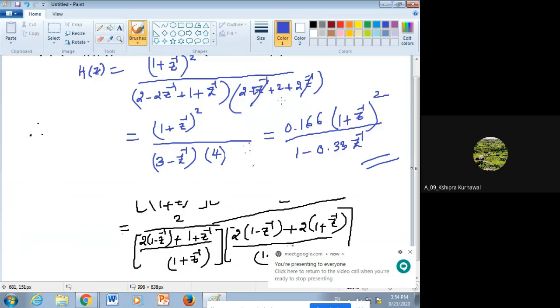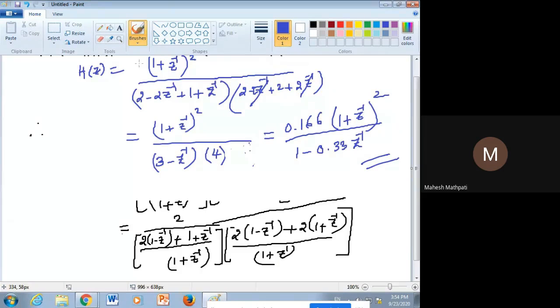So that numerator 2 is remaining to write. Which one? In black color you have written 2 in the numerator, but in the blue color formula it is missing, sir. Okay, this 2 is also there. Thank you. 2 into 1 plus z inverse.